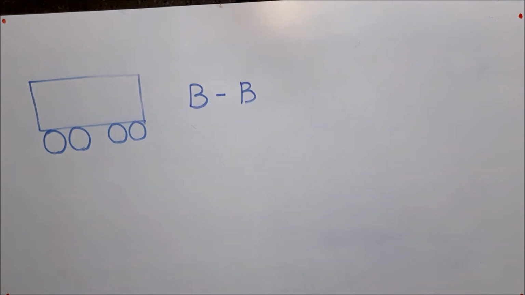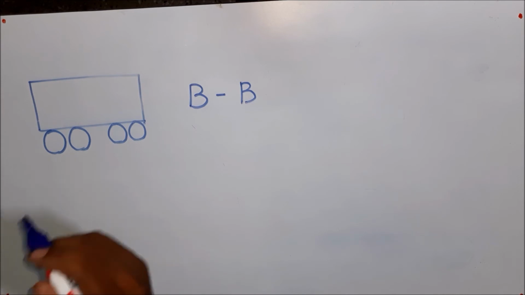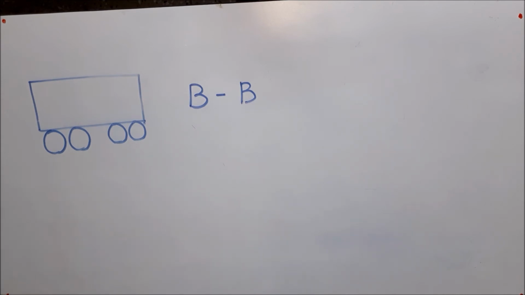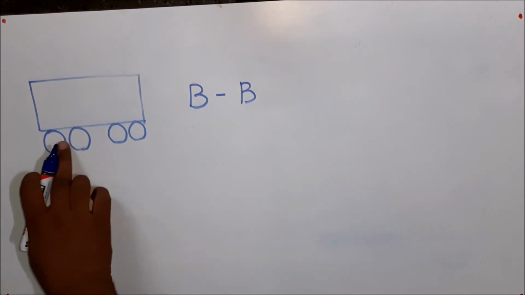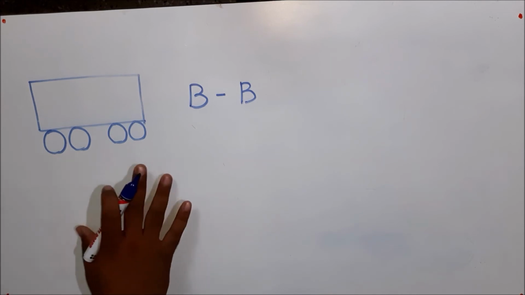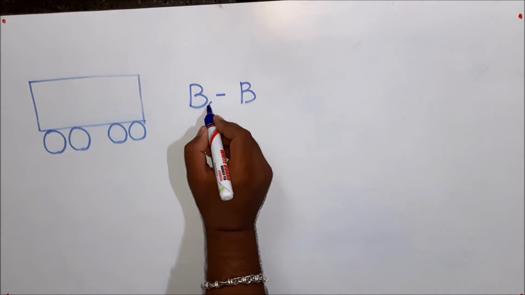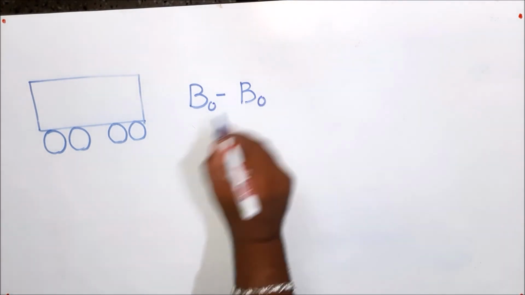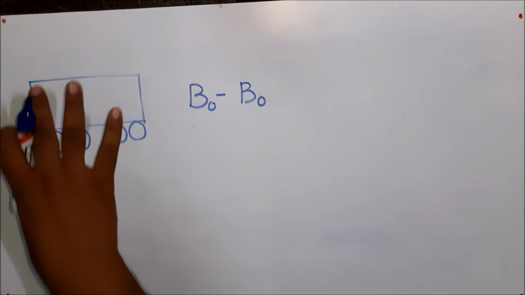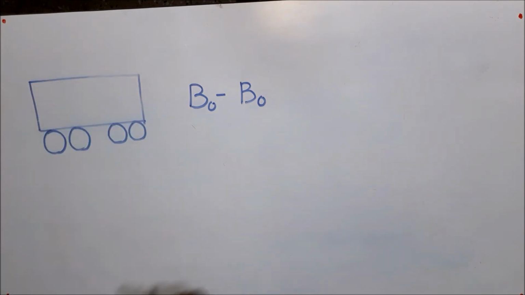Clear? And also in the 6th rule, I told you if each driving axle is driven by an individual motor, then subscript O is used. Here there is no connection, that means it is not a group, rather an individual drive. So we write subscript O here. This picture's coding representation is B0 hyphen B0.